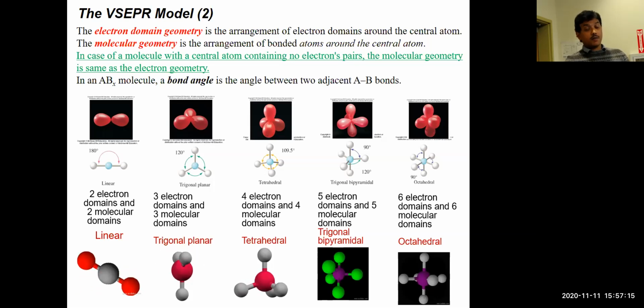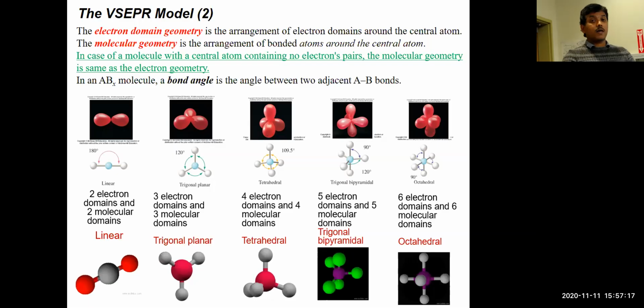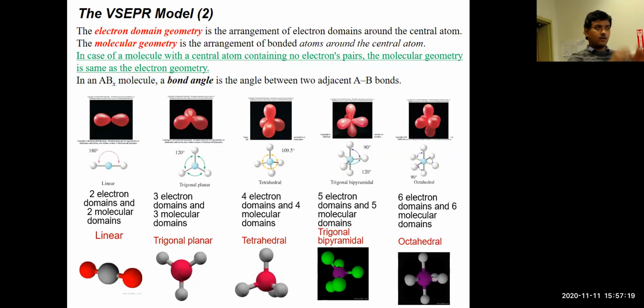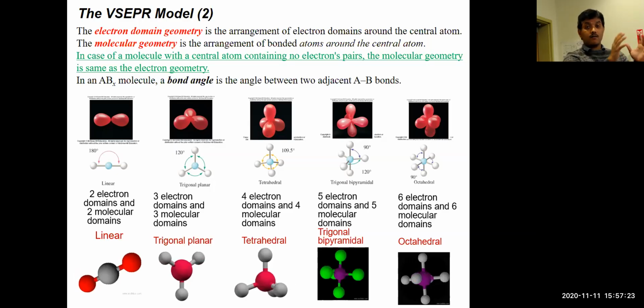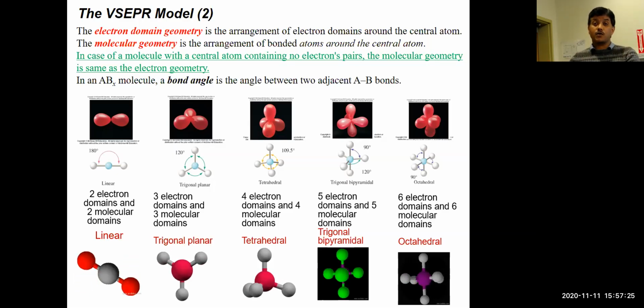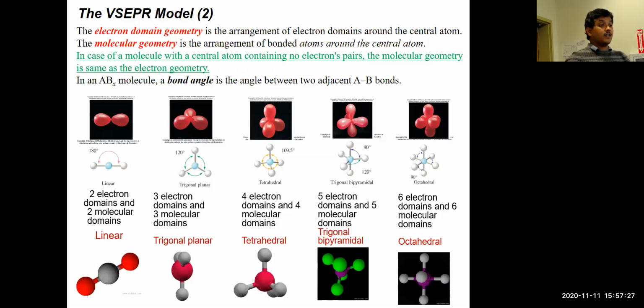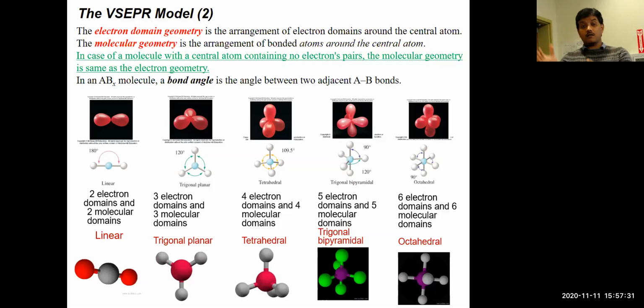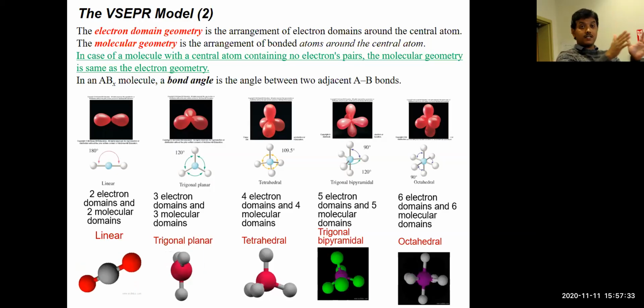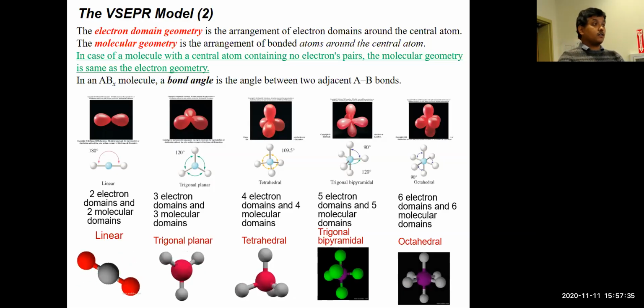That is when the shape of the molecular geometry is different from electron domain geometry. So treasure these, save these, keep them separate from the next set of examples that I'm going to discuss. Again, this is when I said you need to have compartmentalization from one topic to another. So you need to distinguish this set from the next set I'm going to discuss.